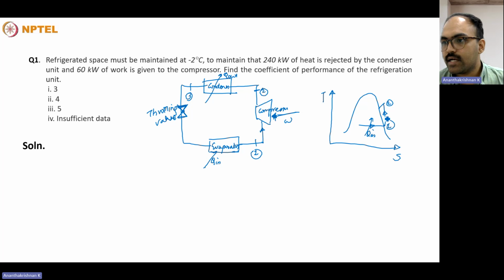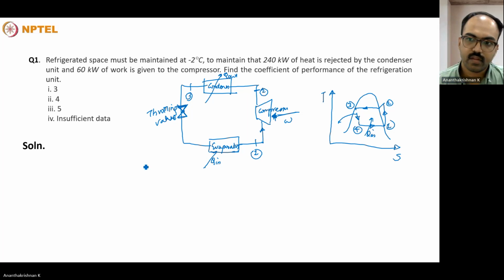From there, it will reject heat to the external condition in the condenser and become a liquid. It can be a subcooled liquid, but for the time being we take it to the saturated condition, and from there, there will be a throttling process that happens from 3 to 4, where the temperature and the pressure decrease.